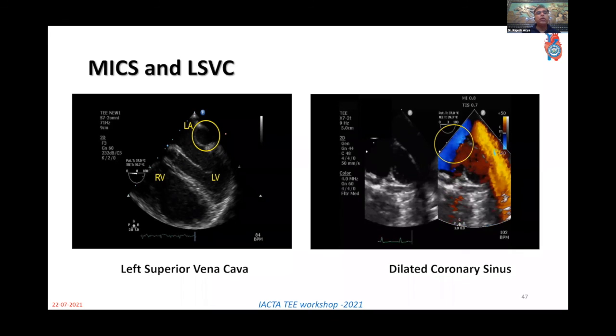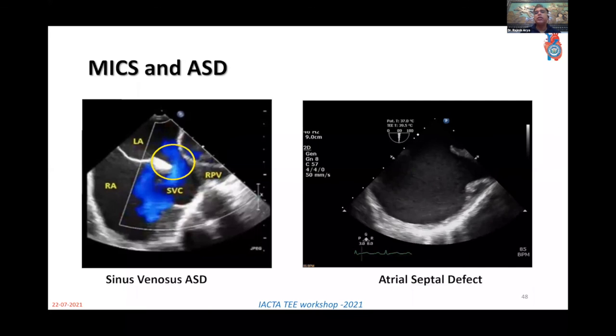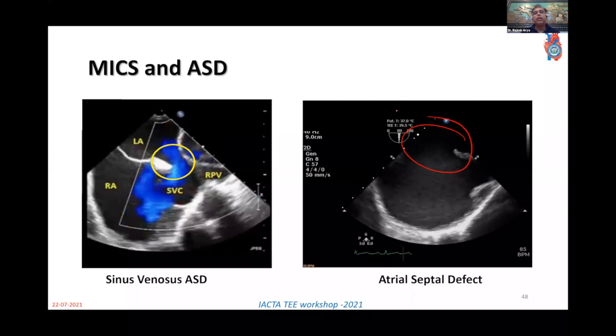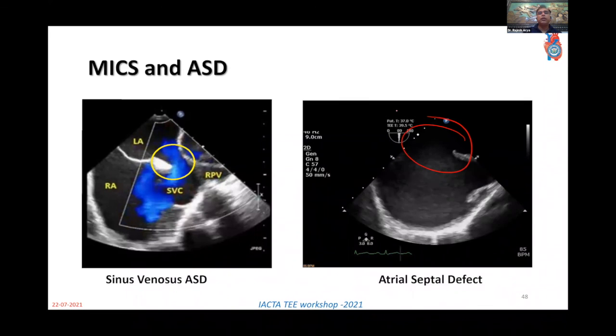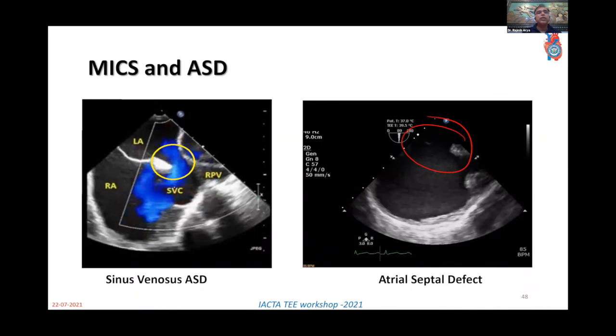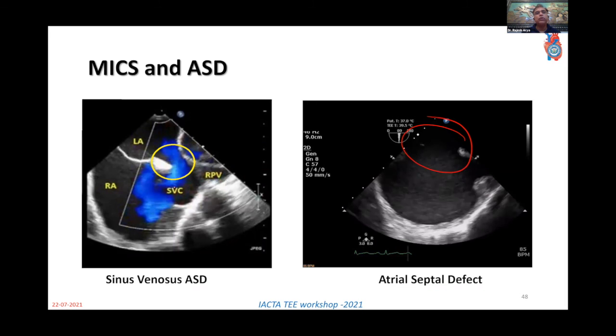We must rule out ASDs because sometimes it's an incidental finding that there is ASD, and if you're operating on the mitral valve, then it won't be possible to go for the single cannula, two-stage cannula. There may be sinus venosus type of ASD one must rule out.